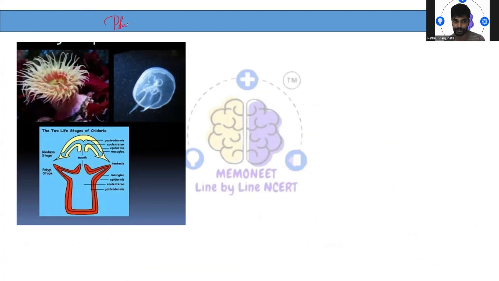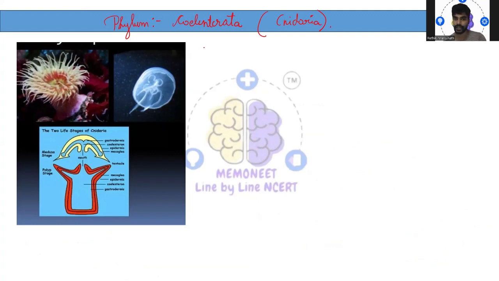So coming to the next phylum, which is this phylum, Phylum Coelenterata, which is also called Cnidaria. So phylum Coelenterata or Cnidaria.